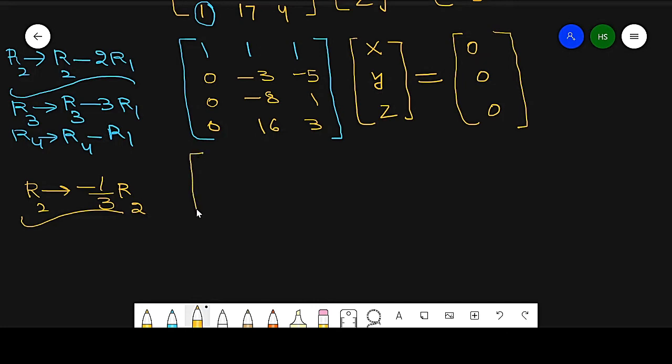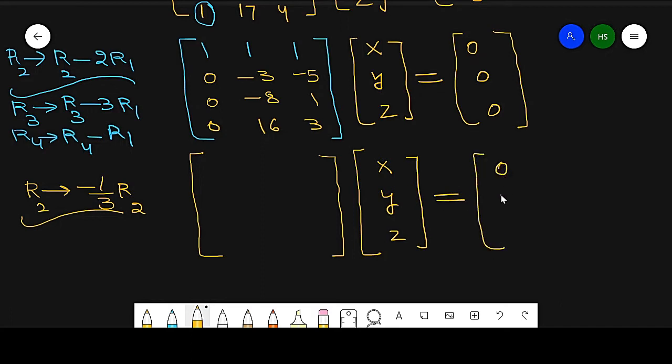This will be helpful for the next step. So this will be 1 1 1, 0 1 5 by 3, then 0 minus 8 1, and 0 16 3.